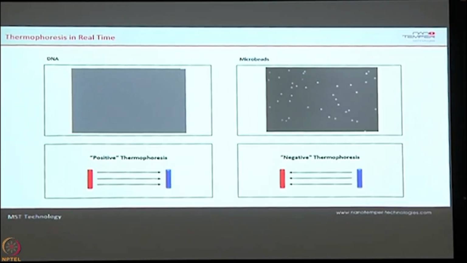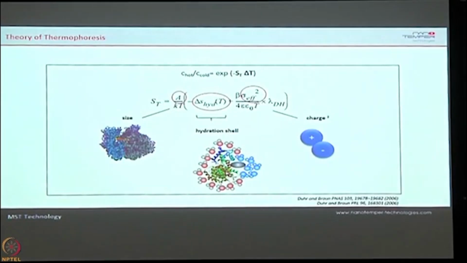How we measure, maybe I can take you to the next slide. If you look at the first slide, the two gentlemen who proposed the theory of thermophoresis state that the steady-state concentration of the molecules before and after heating is directly dependent upon three parameters: size, charge, and the hydration shell.